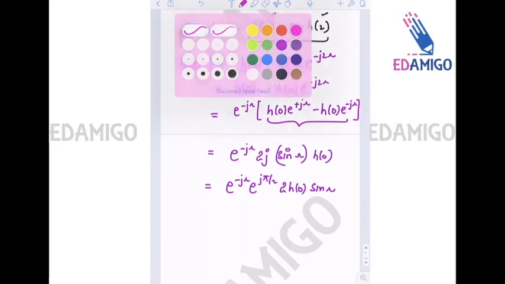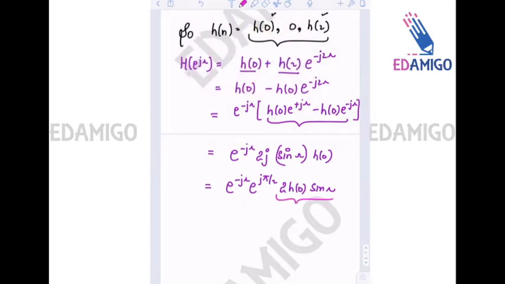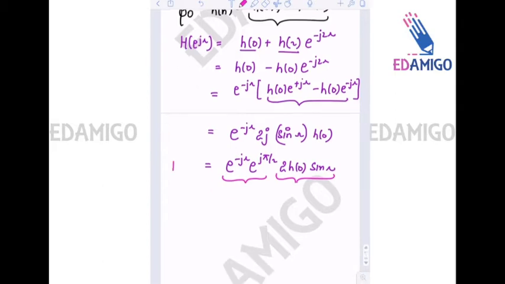So we can see that this is the magnitude part and this will give me the phase part of H e to power j sigma. So we can say that the magnitude is 2 times h0 sine of sigma and the phase is minus sigma plus pi by 2.